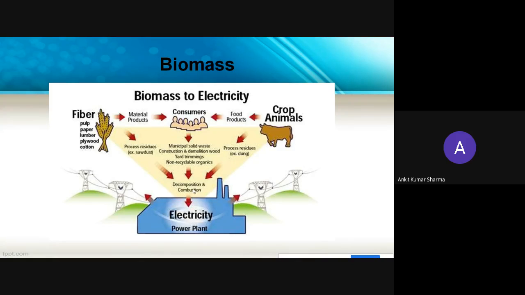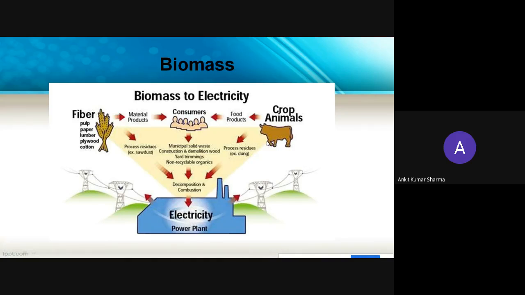It is the same case with crops and animals. An animal product like milk is consumed by consumers, and the consumers produce municipal solid waste, and this waste is used for decomposition and combustion to make electricity.